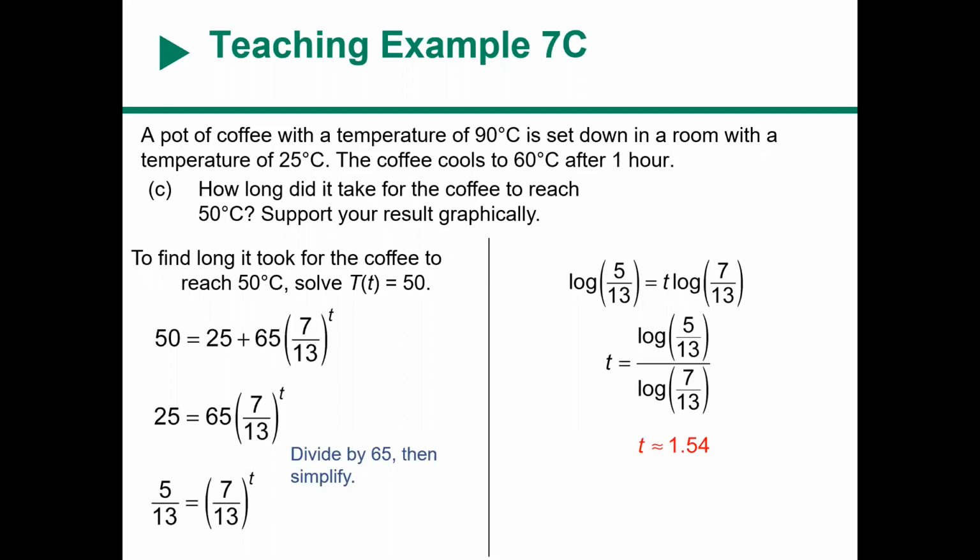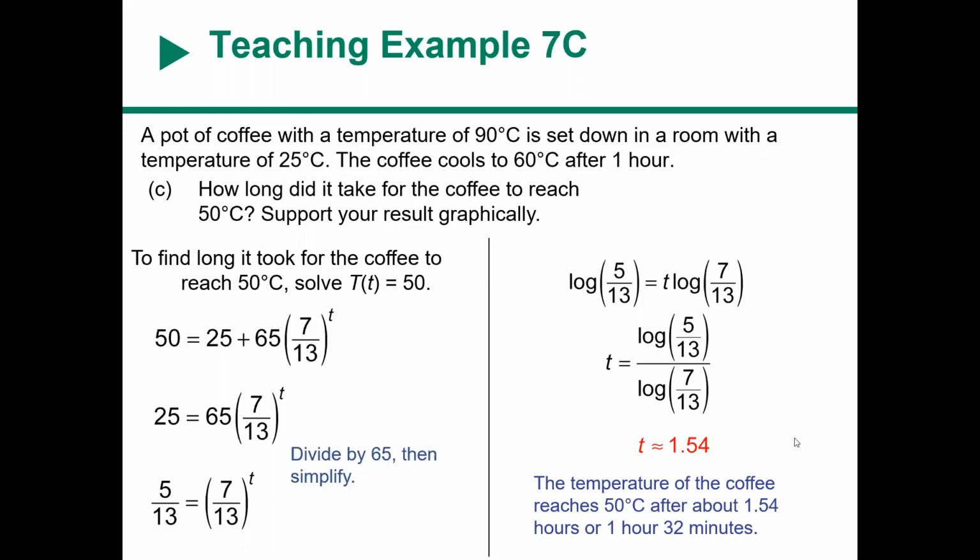And so t is approximately 1.54. How long it takes. So almost 1.5 hours. So that's 1 hour and 32 minutes. And so how did I find the 32 minutes? I took 54/100 and multiplied it by 60 to get my 32 minutes.